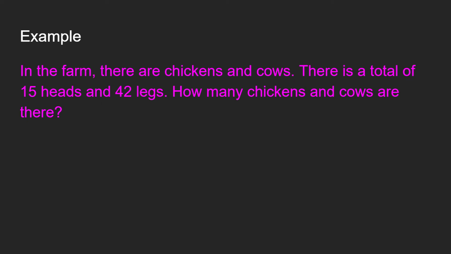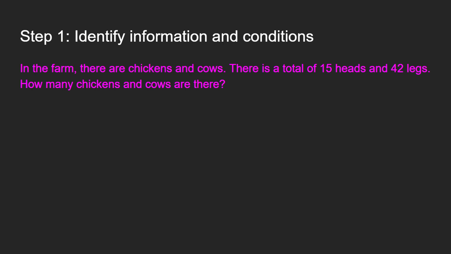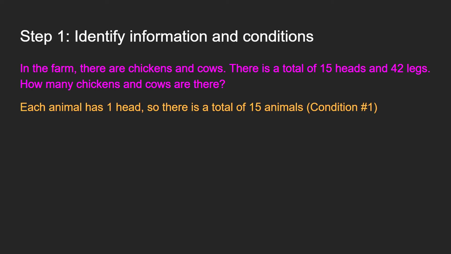So first, before writing anything down, what do we need to process? The information and conditions. So we look at this question and then we think to ourselves, there are 15 heads. Usually animals got how many heads? So obviously normal animals only got one head, unless you are talking about a dragon or something.